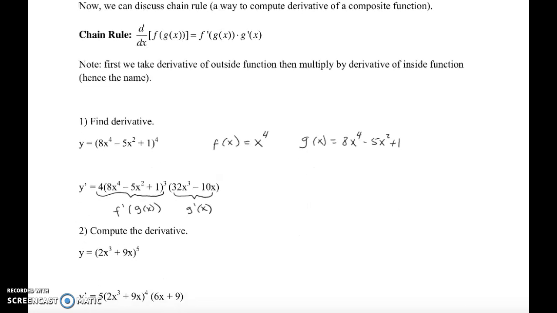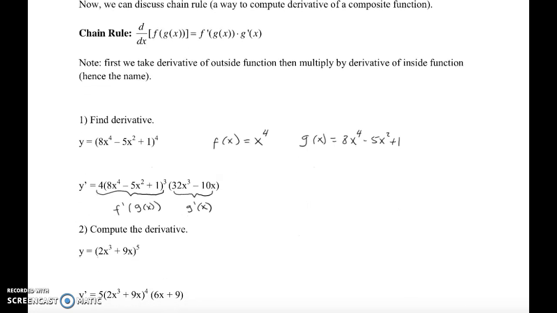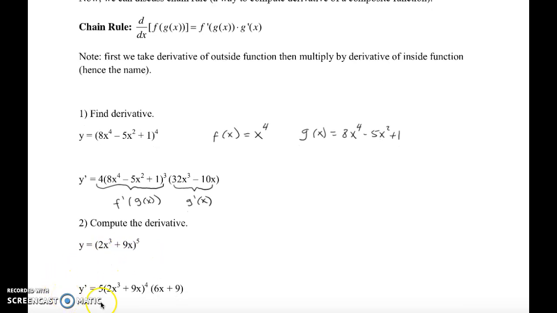The same idea goes for this next one here. If we want to compute the derivative of 2x cubed plus 9x all to the 5th power, again, we want to consider our f of x to be x to the 5th, our g of x to be 2x to the 3rd power plus 9x, our inside part. And again, our derivative will be the derivative of f of x.